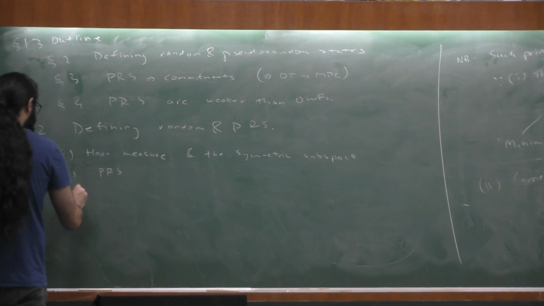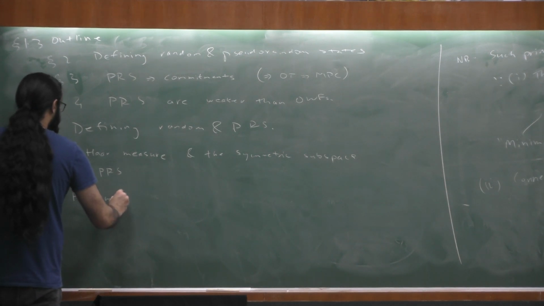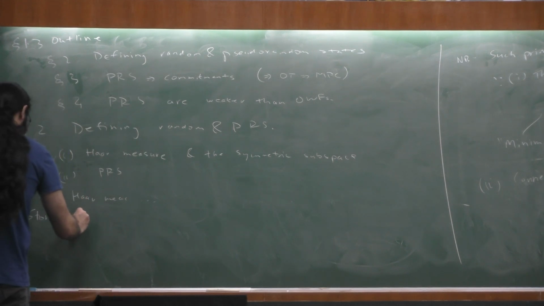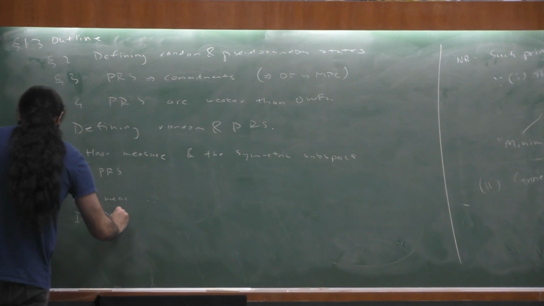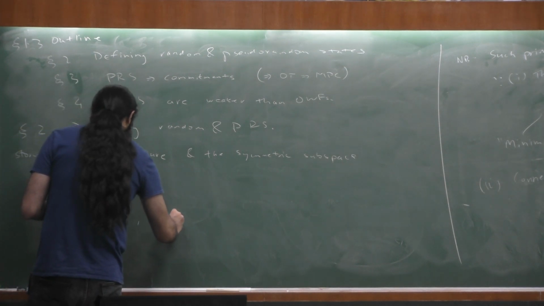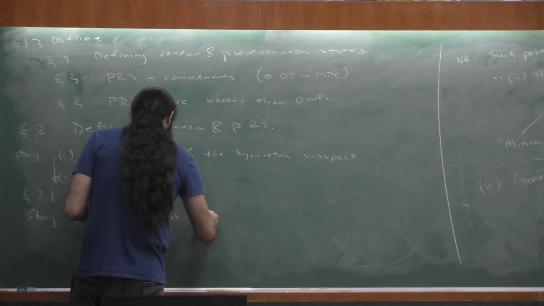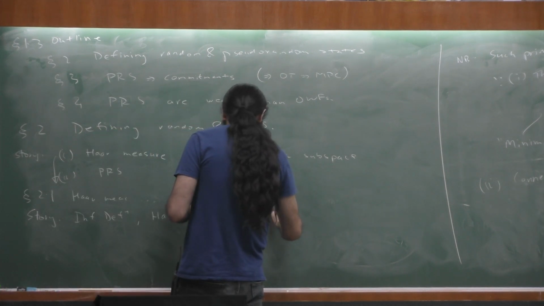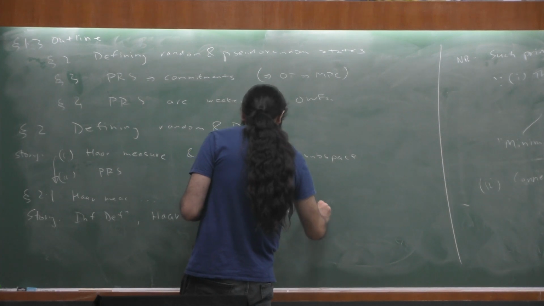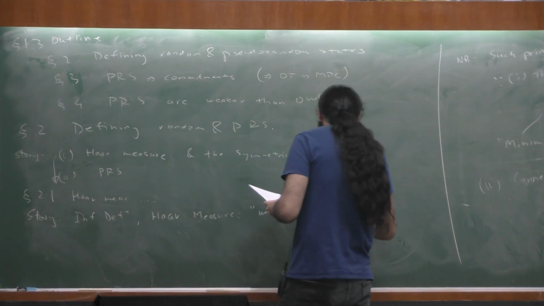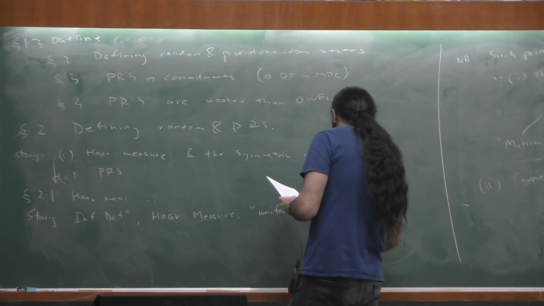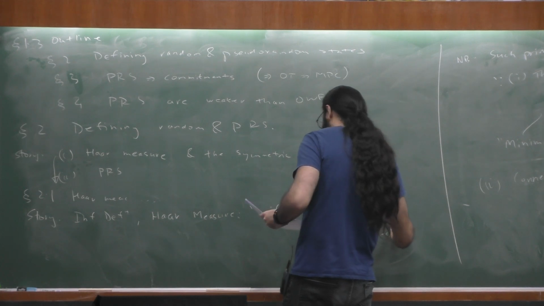So let's start with this one, the Haar measure and the symmetric subspace. Informally, we have kind of already discussed this a bit, but let's just write it. A Haar measure is basically a uniform measure over quantum states or unitaries.